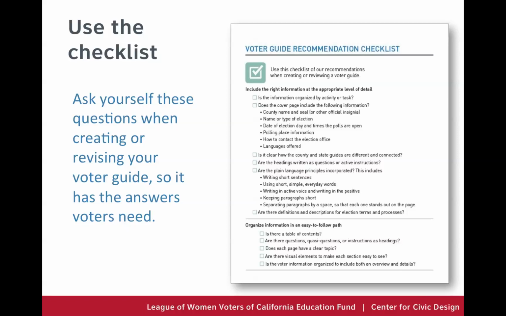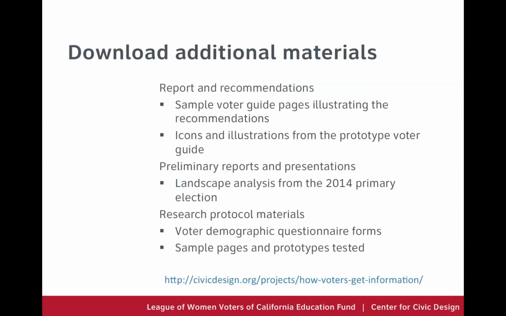And coming out of that manual, one helpful tool that we'd like to pull out is the checklist. So this checklist actually goes through all of the insights and recommendations that are coming out of the research, and it's a handy tool that you can use when creating or revising your voter guide to once again hone in on the questions that voters need in order to feel confident and will be able to participate fully in our election. And one of the things about this recommendation checklist is that it's not a list of things you must do.